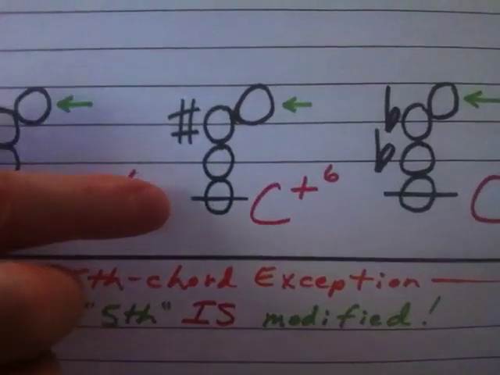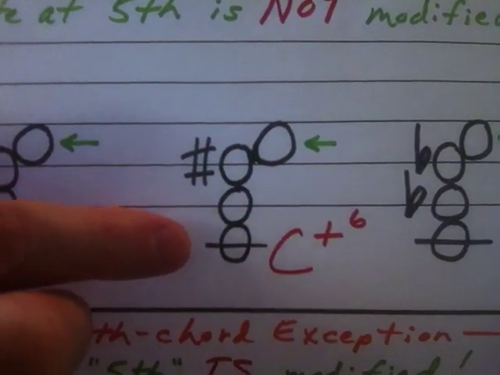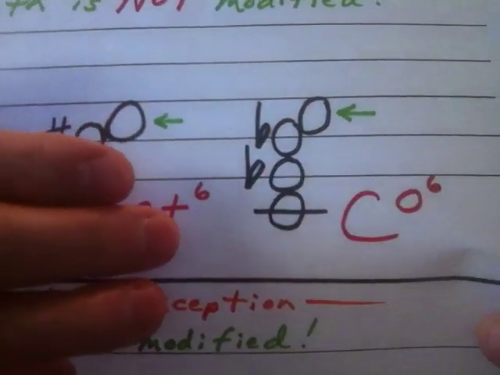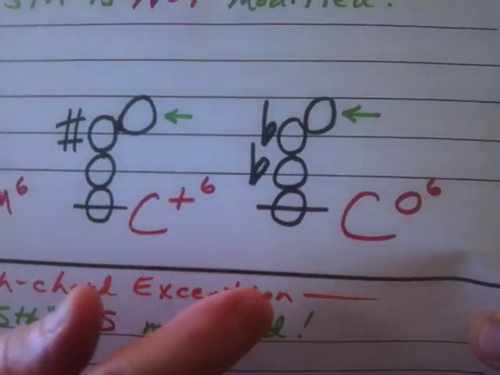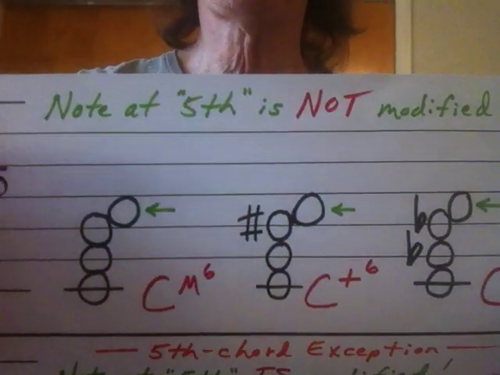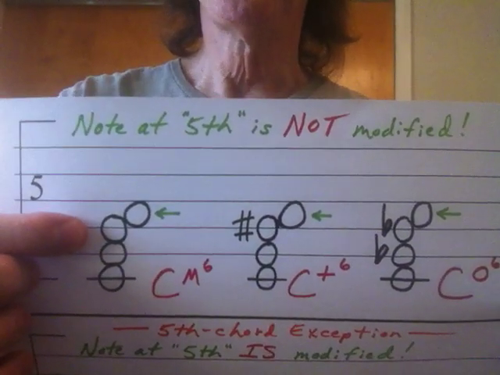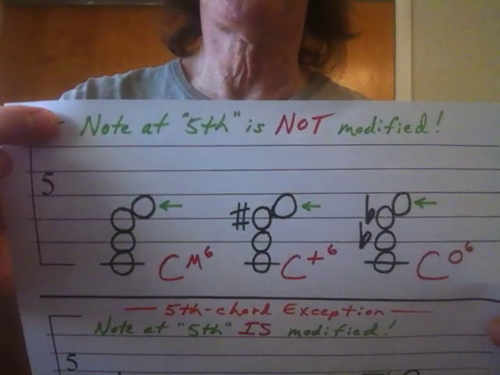In this chord, you have a C augmented fifth chord in my system, a bass chord, but you have an added major 6, and in this chord here, you have a C diminished, and you have another added major 6. But I'm showing you these because the note at the interval of a fifth in these chords is not modified.